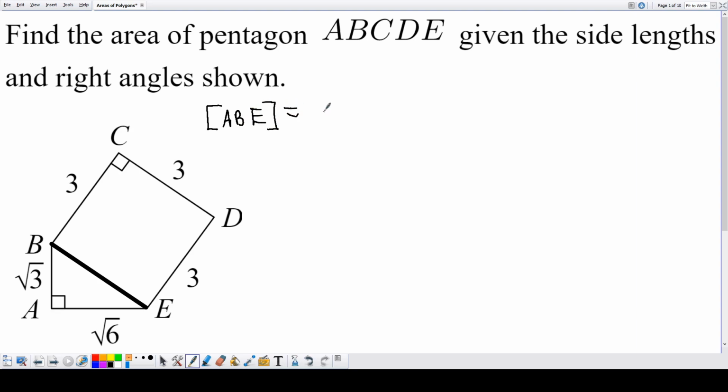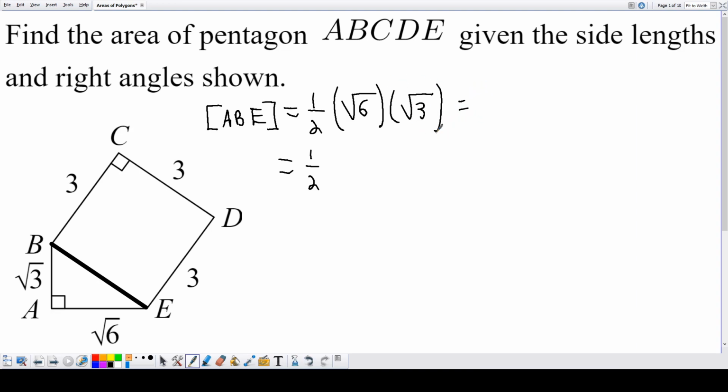Well, that's just 1/2 base times height. So our base would be the square root of 6. And the height would be the square root of 3. So we have 1/2 times the square root of 6 times the square root of 3, which would be the square root of 18.